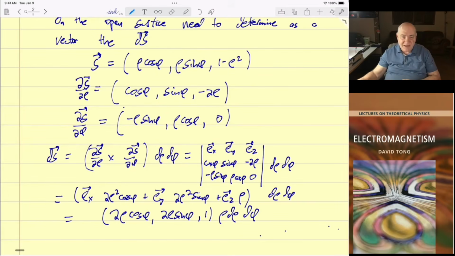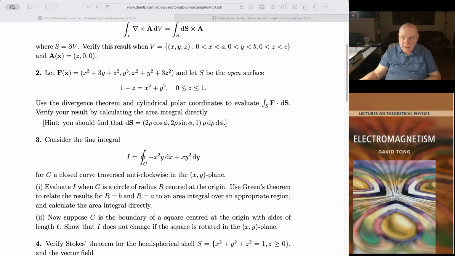And if we go back to the problem, it does mention that you should find ds is equal to that. So at least we did that part right.